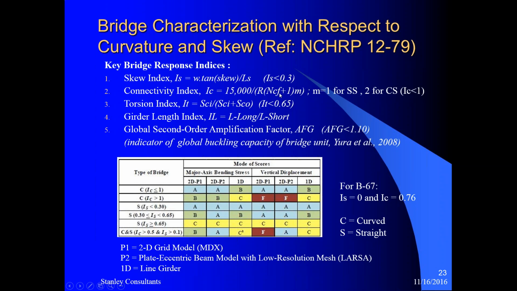If we look back here, it is directly related to the curvature and the number of cross frames. So also by calculating this index, looking at the radius, you can determine how many cross frames you would need at each span, so that will give you an idea of the cross frame spacing.